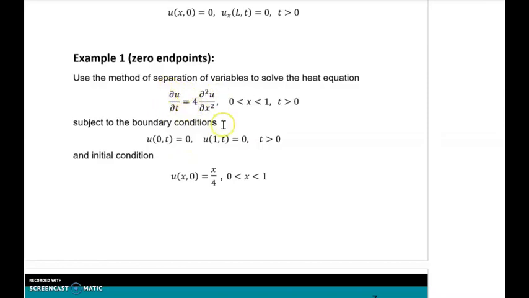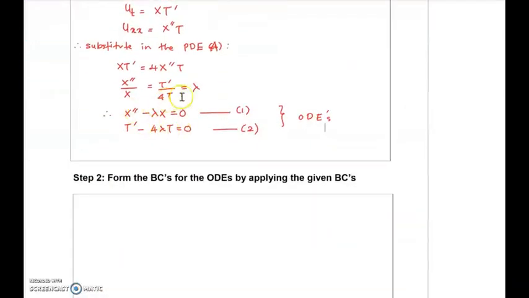Now that we have formed our ODEs, to solve them we need to form boundary conditions for these ODEs, because solving the ODE produces constants, and we need the boundary conditions to know the constant values.